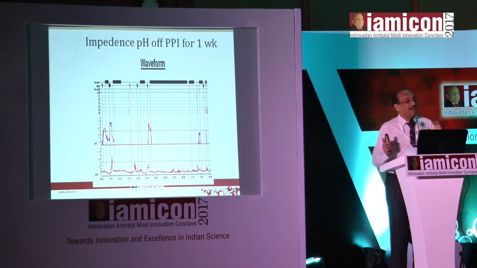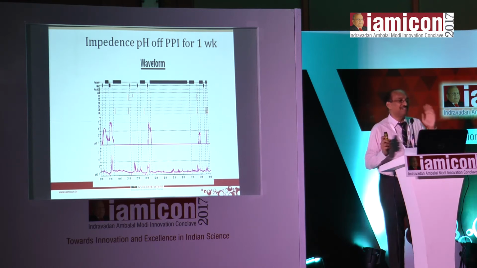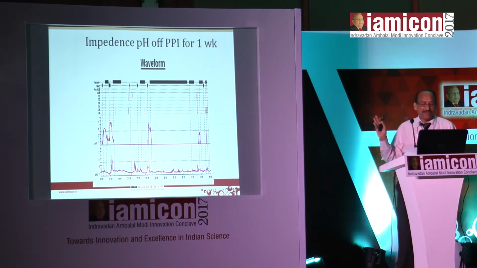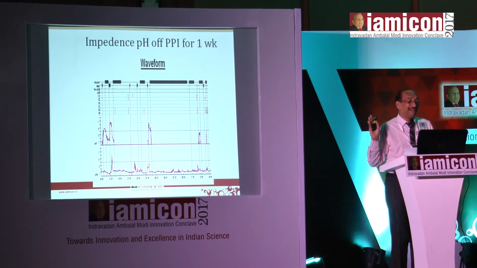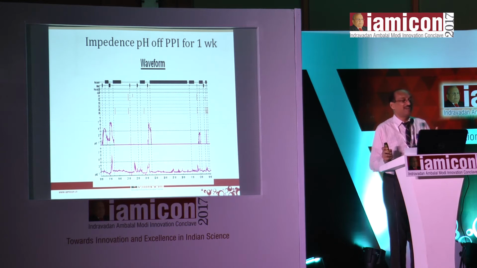This patient was off PPI for 1 week, and we put him through impedance pH manometry. Just the pH alone will not help because it does not detect all the reflux episodes. So impedance pH has to be the way to go in order to detect the reflux.